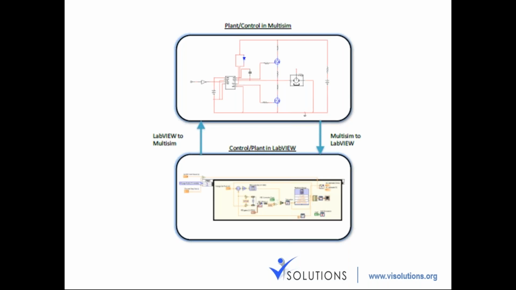In most cases the plant will be your Multisim, which is basically the circuit, and to control it we go for LabVIEW. So this is what we saw yesterday: using the LabVIEW and Multisim software together to simulate the characteristics.